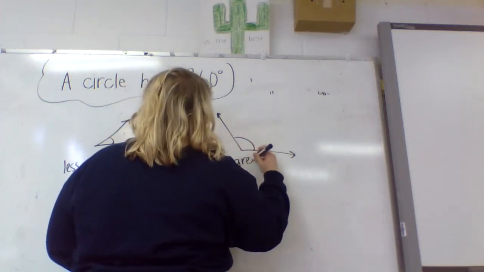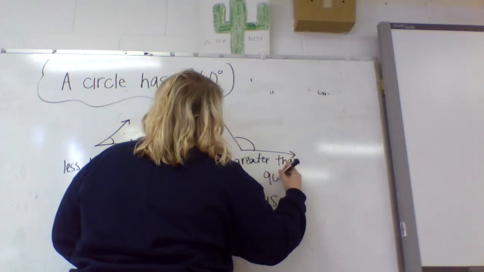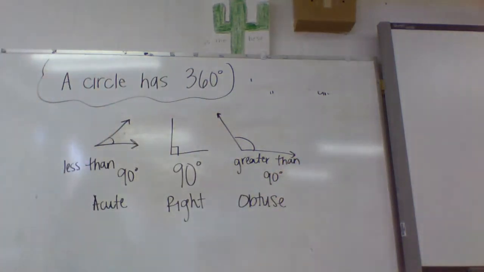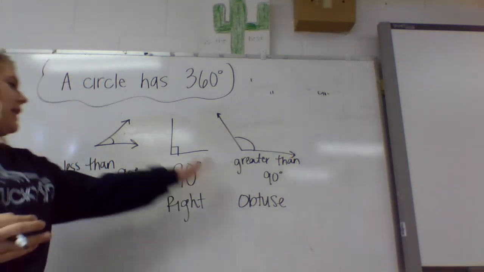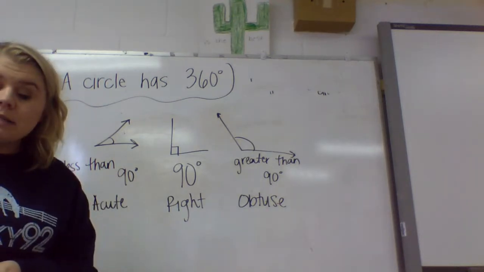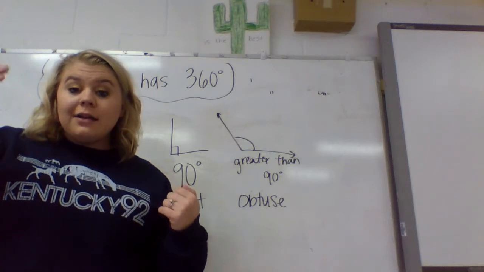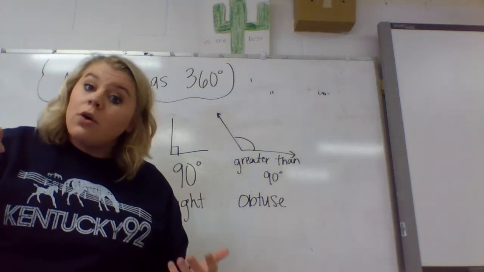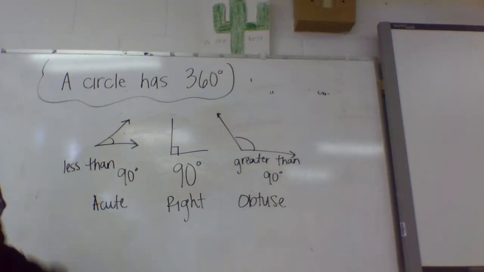So that would be greater than 90 degrees. So if I give you the angle measure 60 degrees, always start with the right angle. Is 60 degrees the same as 90 degrees? No, it's not. Is 60 degrees greater than 90 or less than 90? We know it's less than 90, which means it has to be an acute angle.